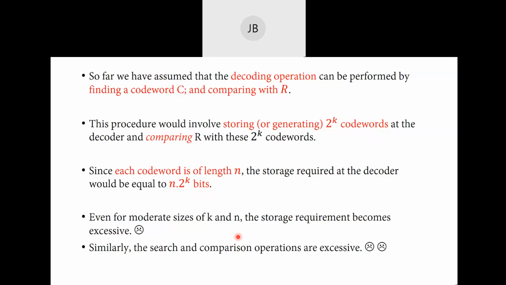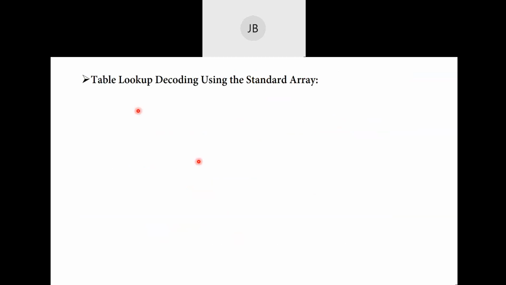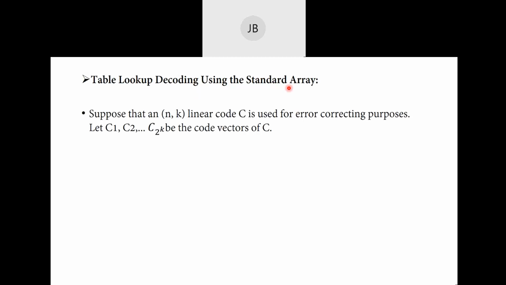So in order to address this, we follow another method called table lookup decoding using a standard array. We will see how to do that to simplify the process. Suppose that an (n, k) linear code is used for error correcting purposes, and the different code words we can have are C1, C2 up to C of 2 power k.